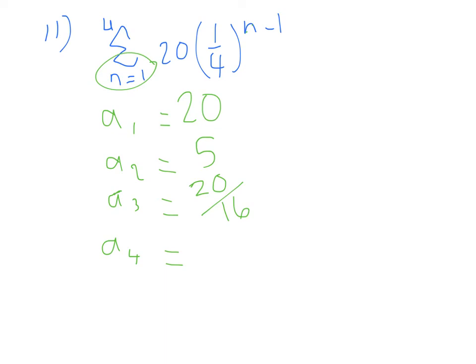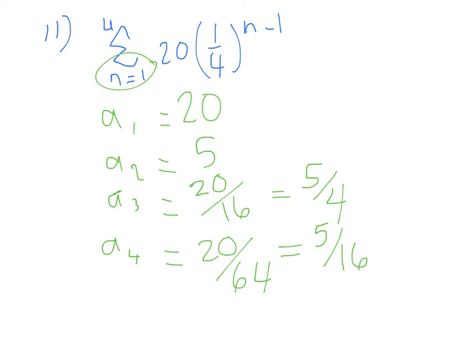So sorry about that. If we divide them both by 4, we'll get 5/4. Alright, so 4 minus 1, that's 1/4 power 3, so 64, so 20 over 64, and we reduce. You have 5 over 16.